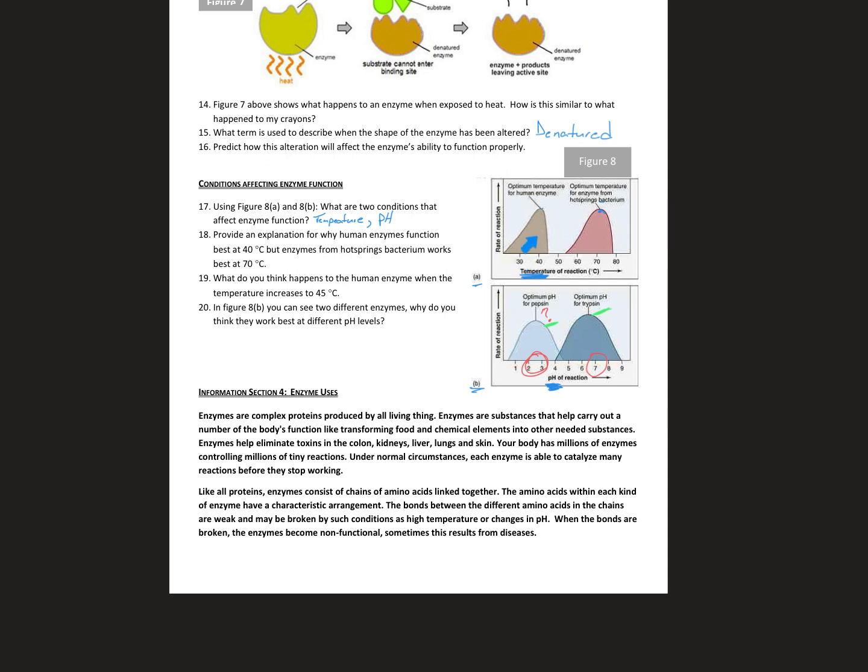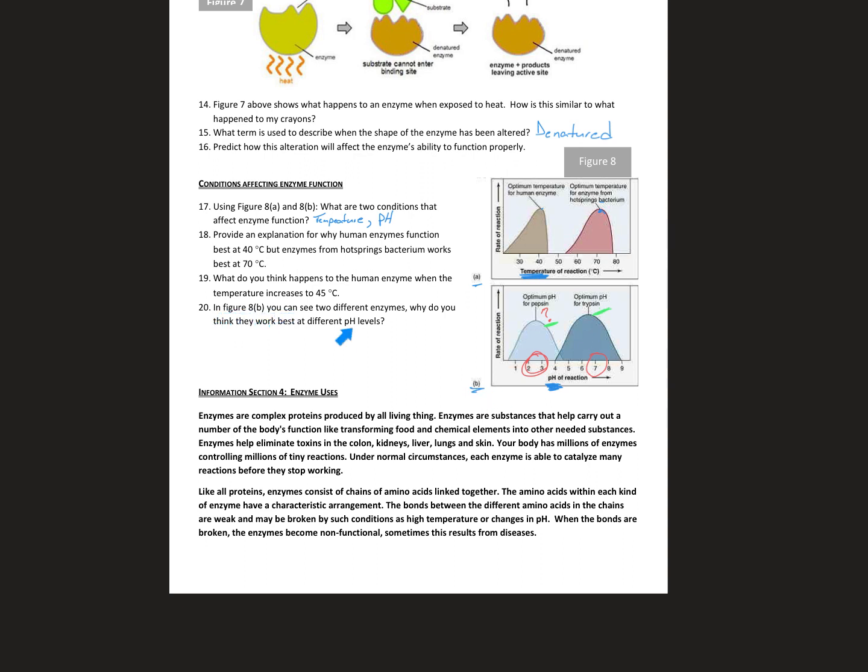And humans, our average temperature is around 35, 37 degrees Celsius, so it makes sense that that's the temperature at which our enzymes work. It's reasonable. Okay. What do you think happens to a human enzyme when the temperature increases to 45? Well, it denatures, right? It loses shape.